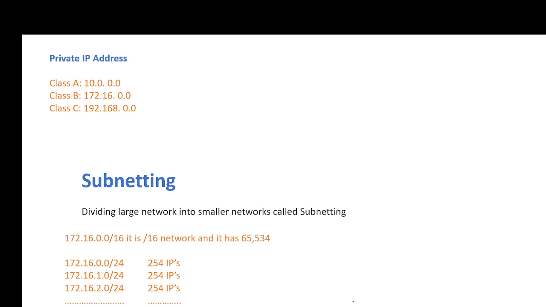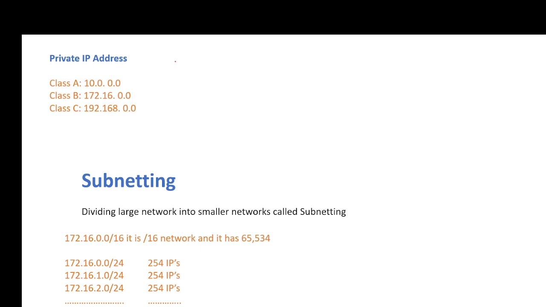In each class, I told you we can only use three classes: A, B, C. In each class, the developer has reserved one range of IP addresses for private usage. In class A, the first octet is 10.